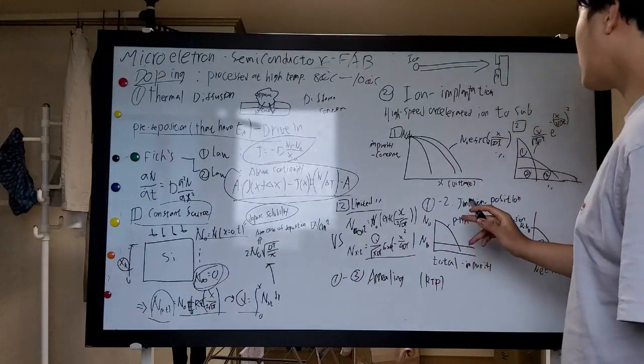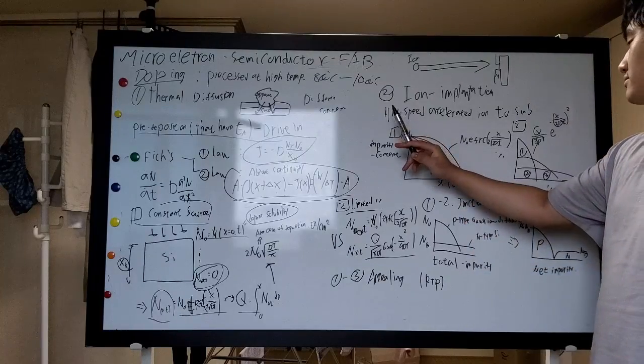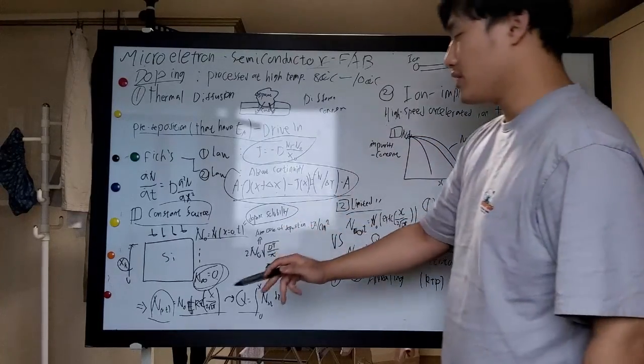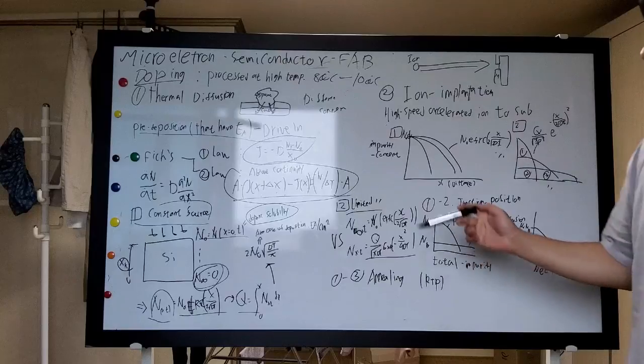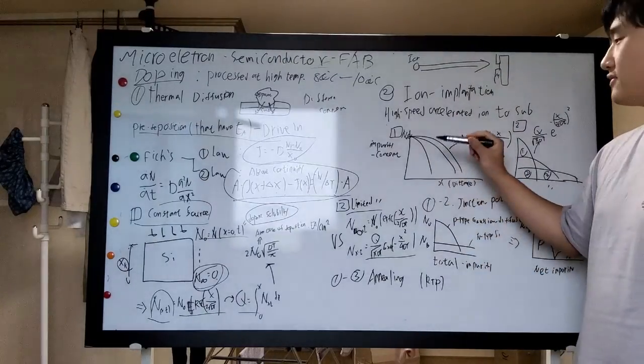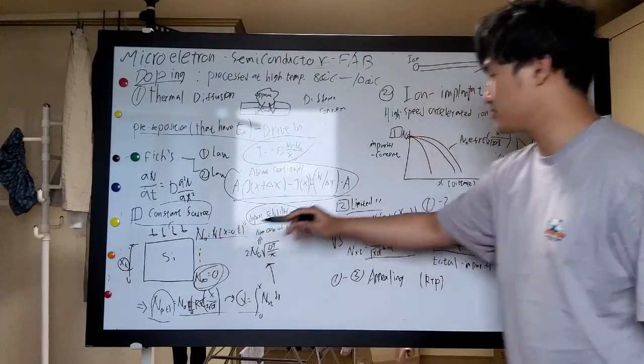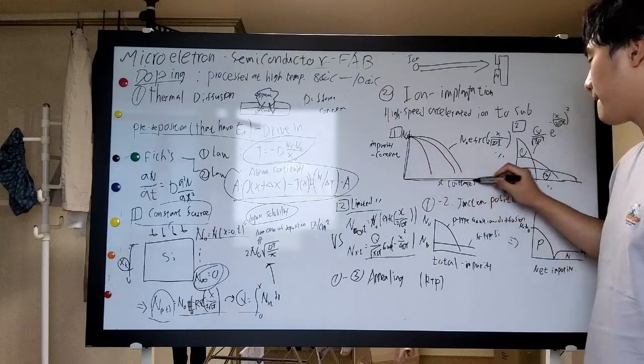Okay, and then taking this equation first, we can draw a graph for the constant source keeping the dopant inside.